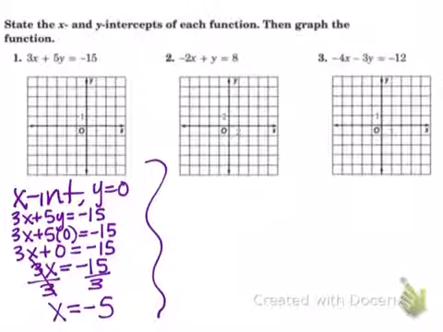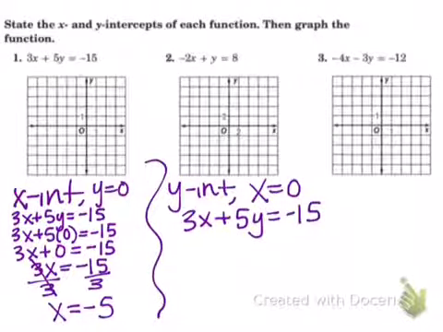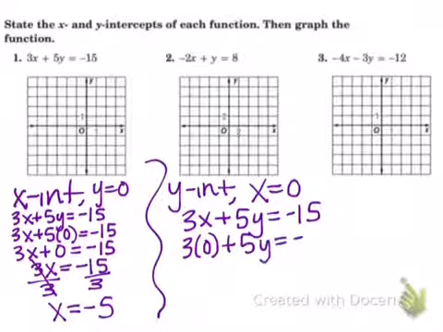Alright, finding my y-intercept, I'm going to do the opposite and let x equal 0. Alright, so my equation, 3x plus 5y equals negative 15. Filling in a 0 for x, 3 times 0 plus 5y equals negative 15. 3 times 0 is 0.